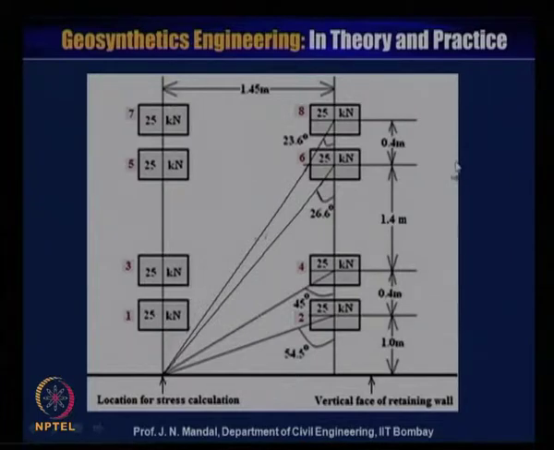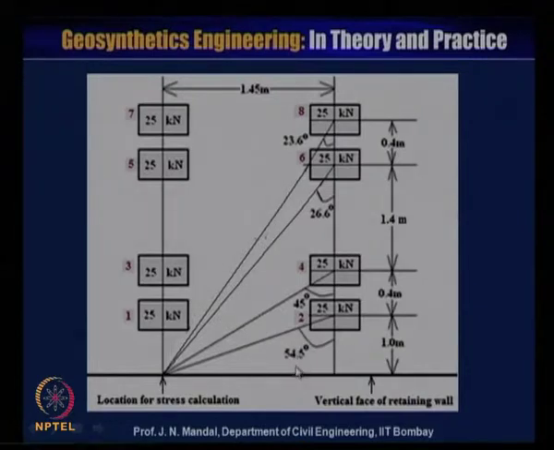And this is the configuration of the wheels: from this to this distance is 1.45 meter, and here the distance between the wheels is 0.4 meter, this is 1.4 meter, again here it is 0.4 meter, and you have to calculate what the stresses will be here, located 1 meter from the wheel, from the vertical face of the retaining wall.